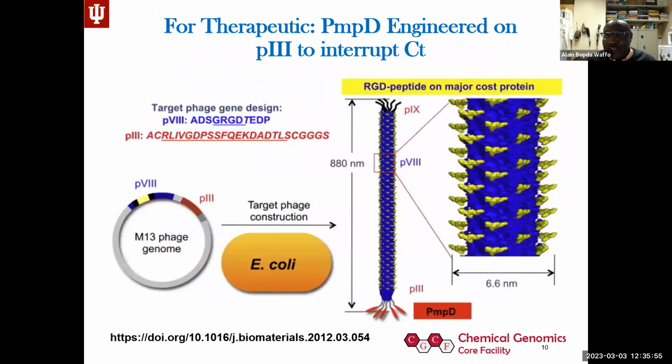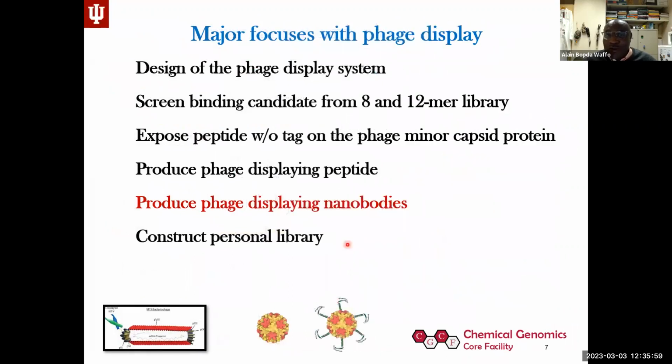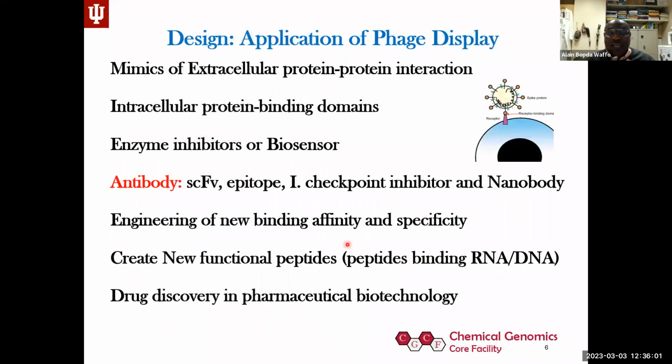But I know it's important sometimes to say, this is what I know to be some of the key parts of investigation: mimicking extracellular protein interaction, intracellular protein interaction, enzyme inhibitor, biosensing, antibody, epitope, even the new affinity, right?